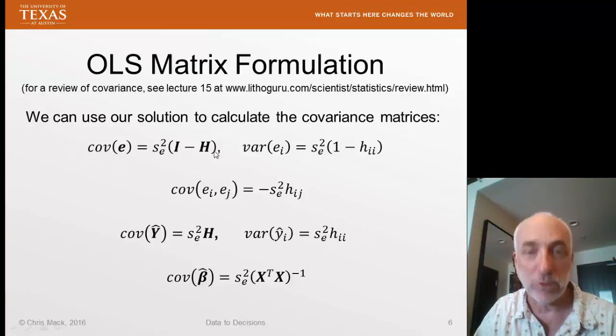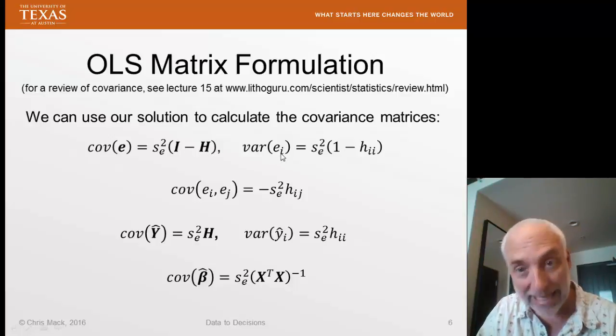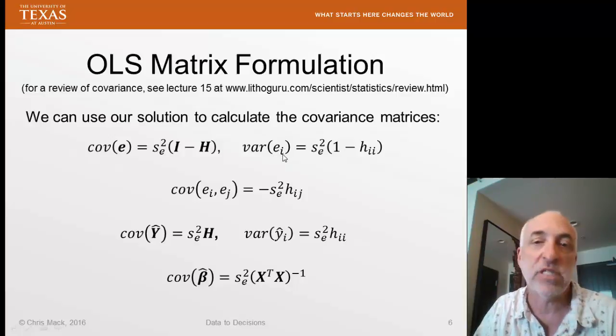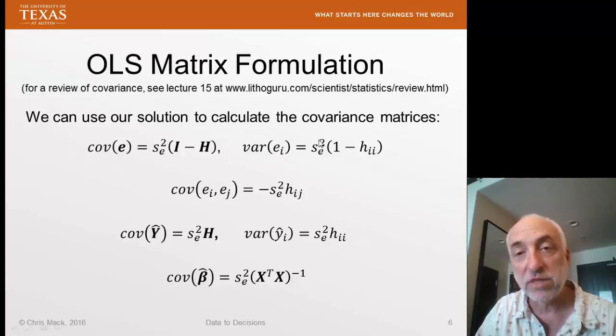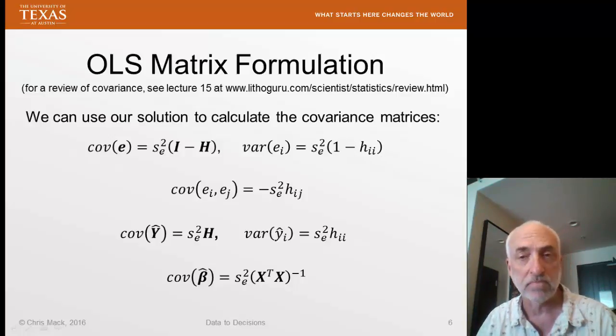So the covariance of the residuals is the variance of the residuals from our data set multiplied by I minus H. And for a given residual, e sub i, the ith residual from my data, the variance of that ith residual is the variance of all the residuals times 1 minus H sub ii, the diagonal of the hat matrix.